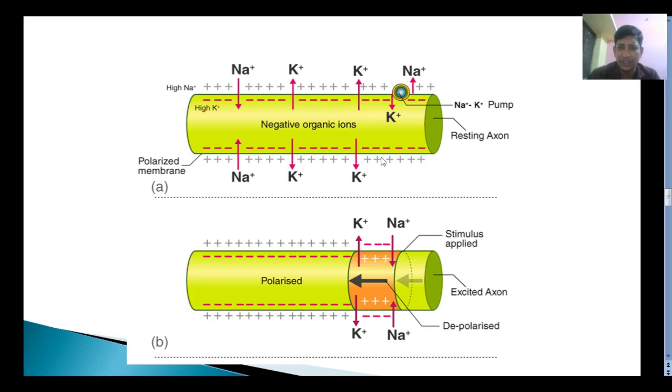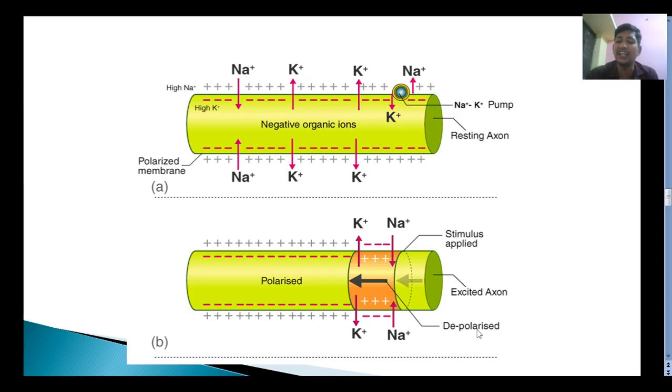Now when the stimulus is applied, it becomes exactly reverse. In this region, the sodium ion channels open, so the sodium ions which are present outside immediately come inside. And therefore, at this region, the polarity gets reversed. It means the outer region becomes negatively charged and the inner region becomes positively charged.